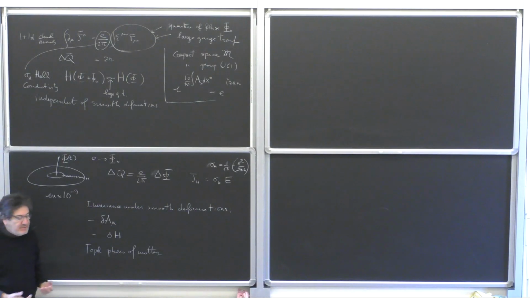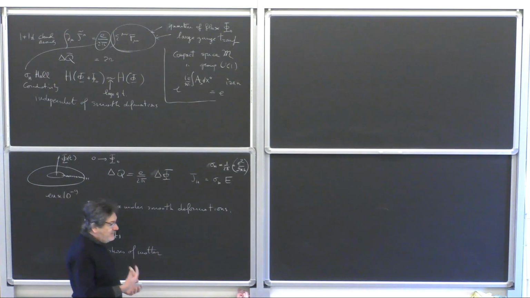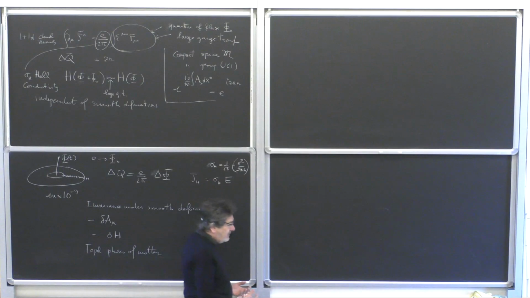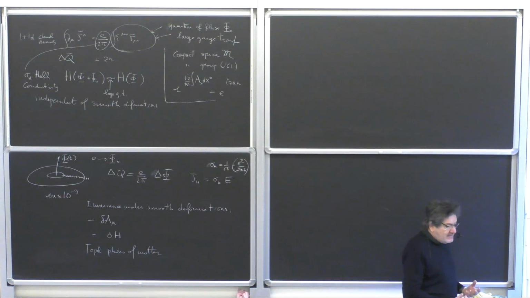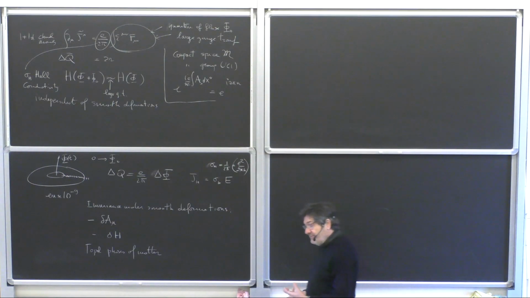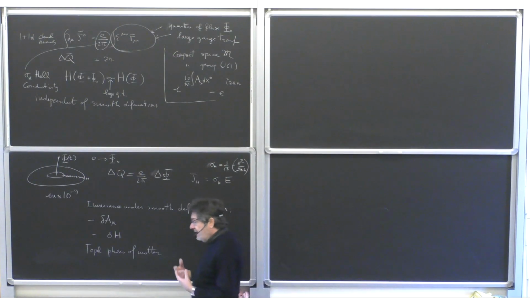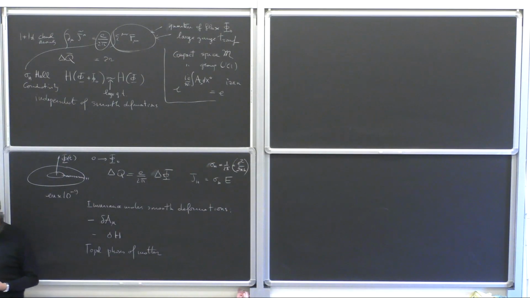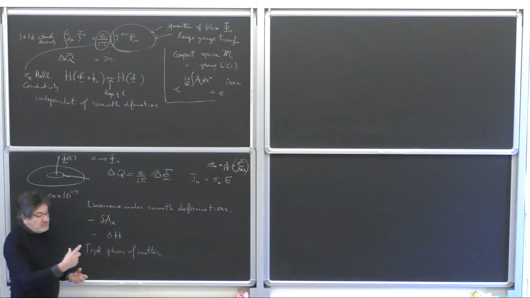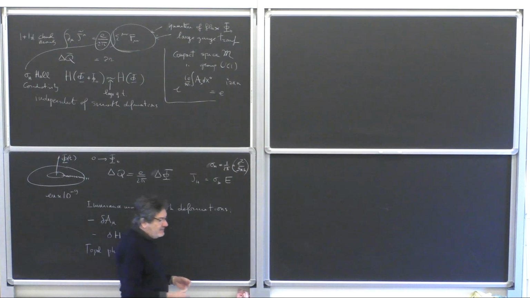And so the connection between physics and mathematics is that you have a system which is in a certain phase, in general a massive phase, and has some properties that remain invariant if you deform the Hamiltonian smoothly without closing the gap. Of course, if you close the gap, then you go to another phase.